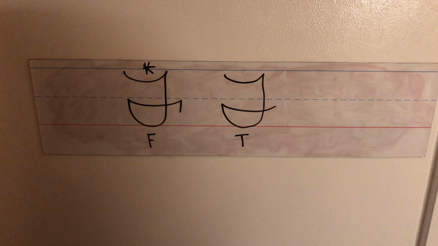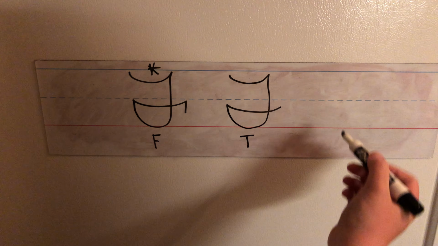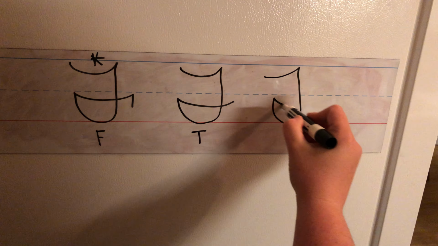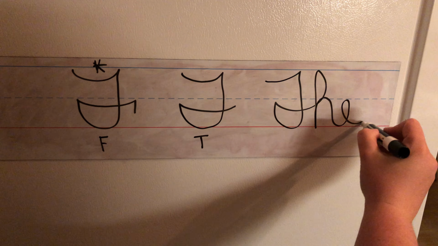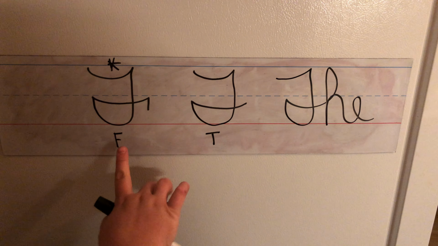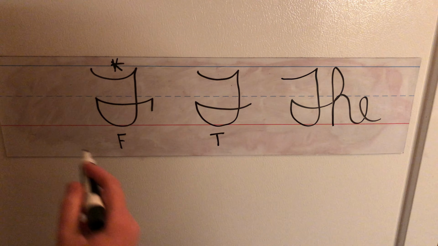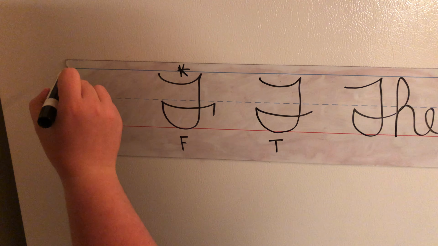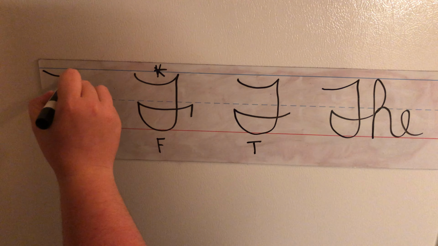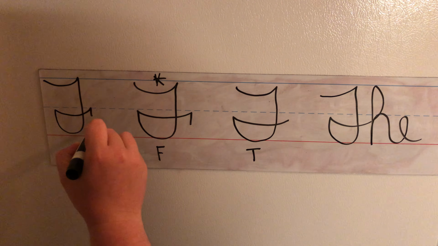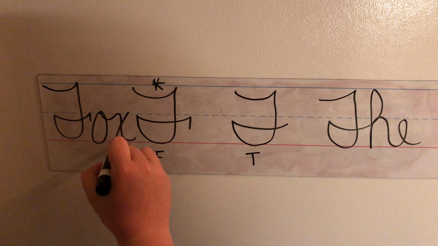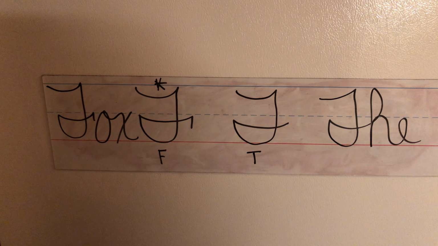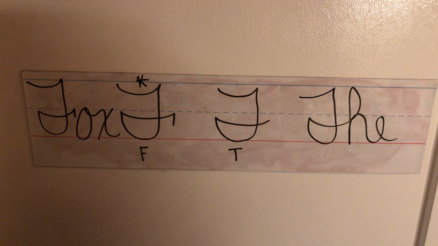Okay, a T would connect to the next letter. So if you were writing the word the, okay, but if you were going to write the word, well, I don't know, fox. Okay, that F does not connect to that O. Okay?